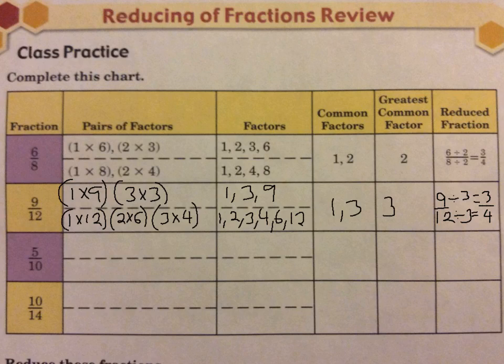Let's go ahead and look at 5 over 10. Of course, 1 times 5 is 5. And for 5, that's going to be the only one we get. So our factors are 1 and 5. For 10, 1 times 10, and also 2 times 5.